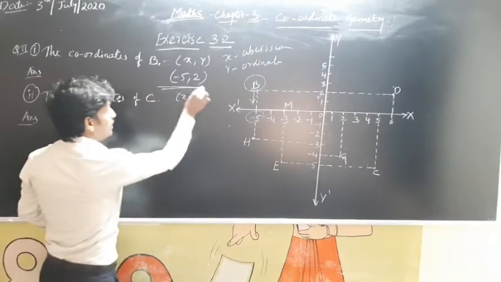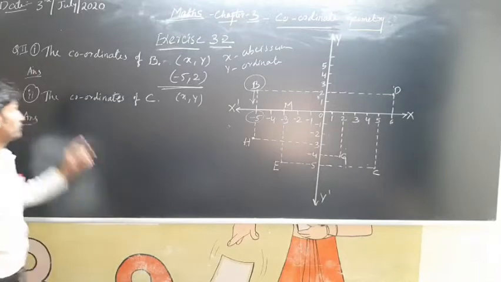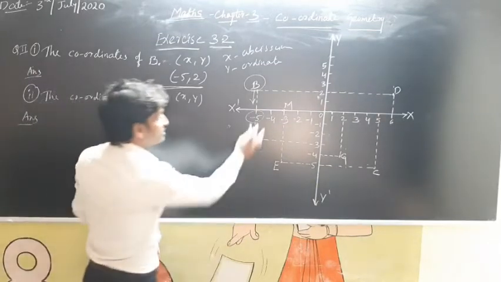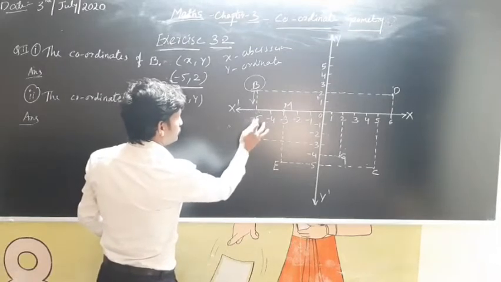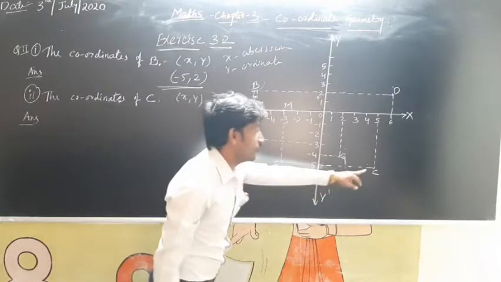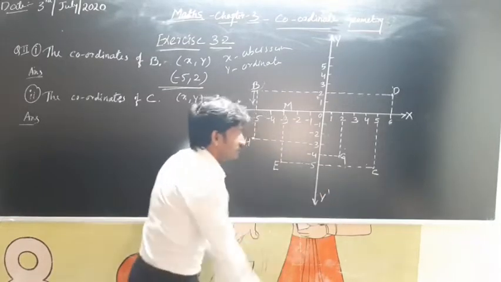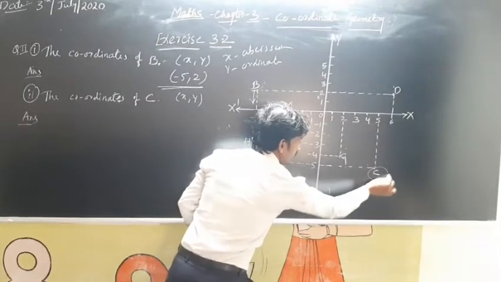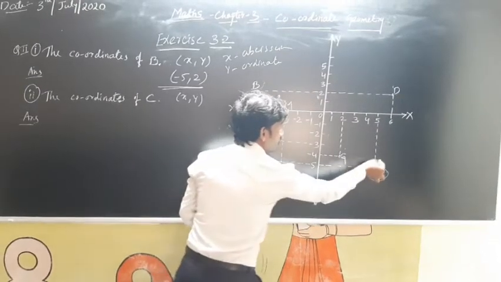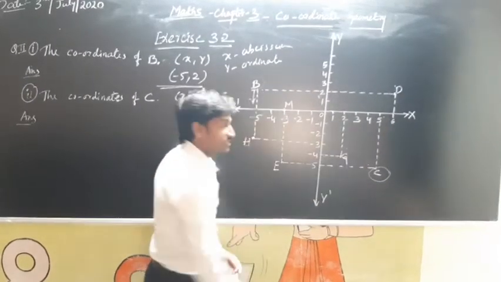This is your answer. So second one, the coordinates of C. Where is the C in the diagram? Let's see where is the C in this diagram. Hope you can observe this one. C is here. I'll circle this part. From C, there are 2 lines passing. One towards this one and one towards this one. First we have to go towards the x-axis.